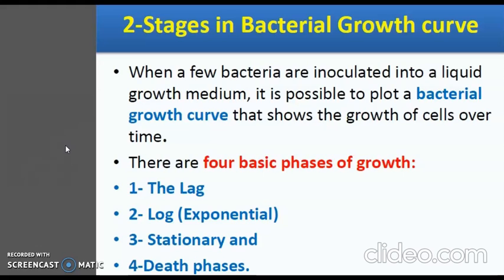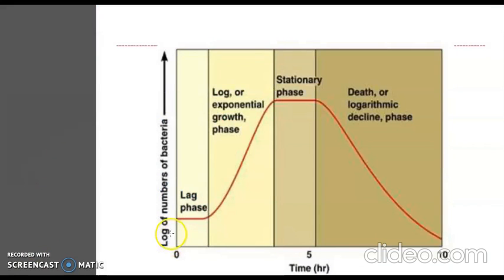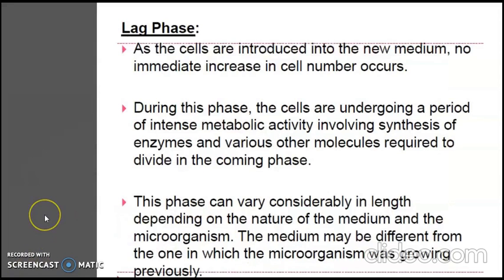The first one is the lag phase, the second one is the log or exponential phase, the third one is the stationary phase and the fourth one is the death phase. So here you can see the bacterial growth curve with the lag phase, log phase, stationary phase and the death phase. On the x-axis it is plotted with the logarithm of the number of bacteria and on the y-axis the time in hours. Now let's see each phase in detail.